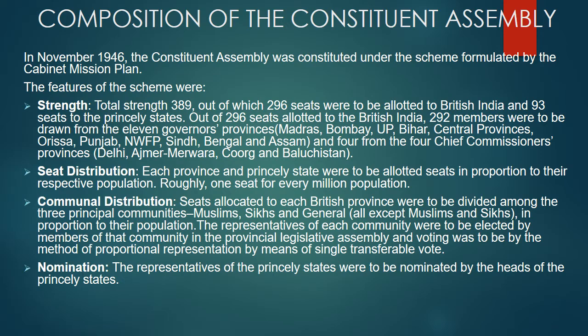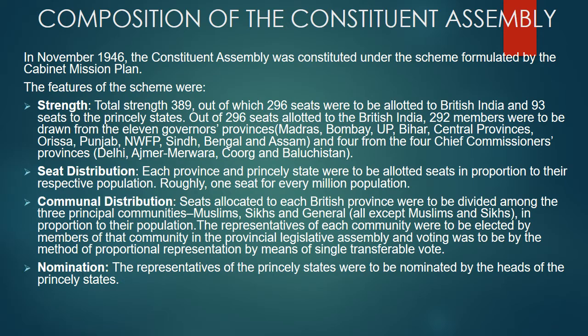The main features of the scheme were that the total strength was 389, out of which 296 seats were to be allotted to British India, that is the area directly under the rule of the British, and 93 seats to the princely states, that is those states which were ruled by the Maharajas, but the British used to collect only the revenue taxes.